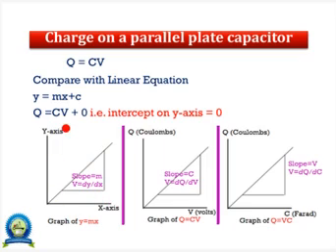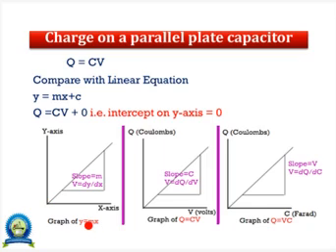This is the normal graph of a linear equation, whereby you have your y-axis, then you have your x-axis, then you have the points joining your linear graph together. In this case, the intercept is 0.